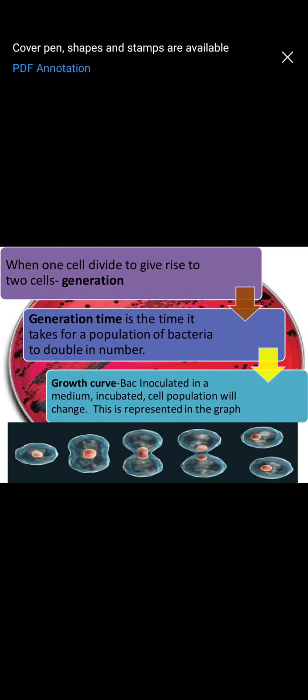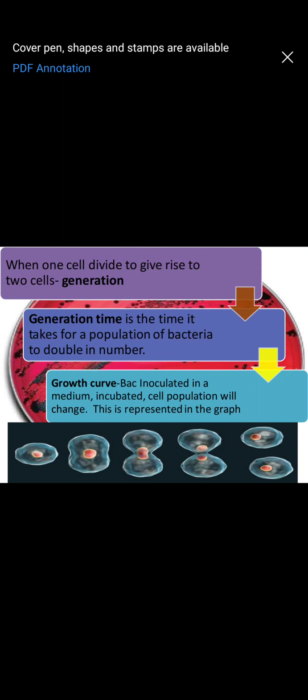This change in number of cells can be represented graphically. When we graphically represent the change in number of cells with respect to time, this curve is obtained. This curve is called the growth curve.